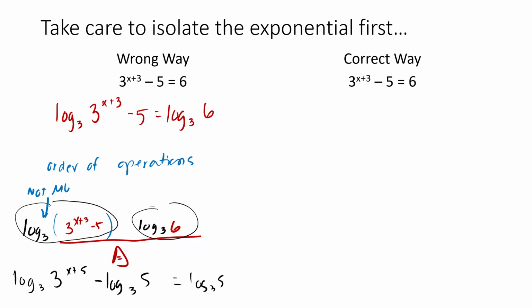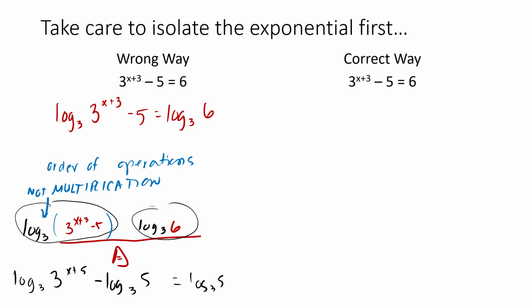This is not multiplication. So if you were thinking, well, why can't I distribute taking the log through? Because order of operations dictates that that does not work.